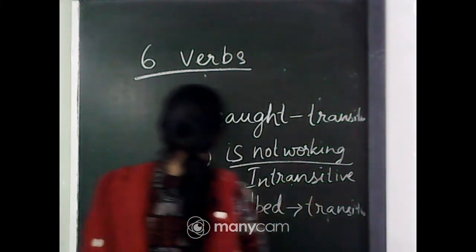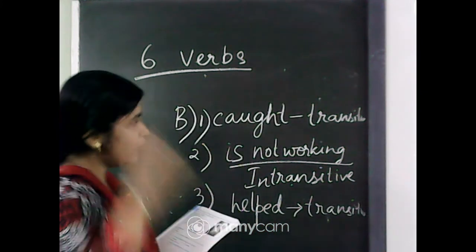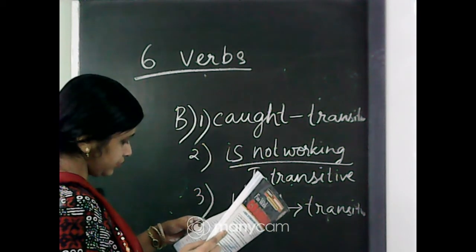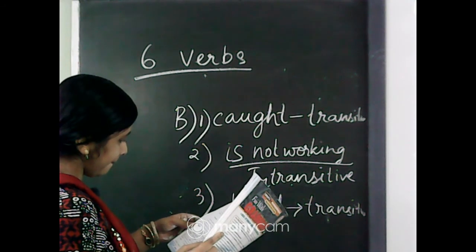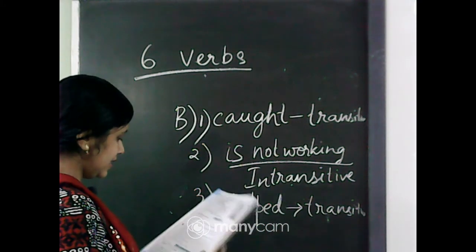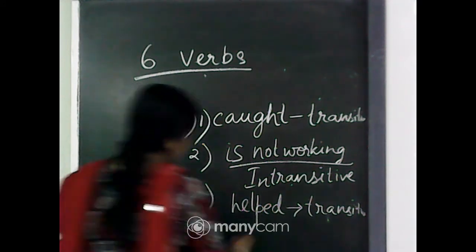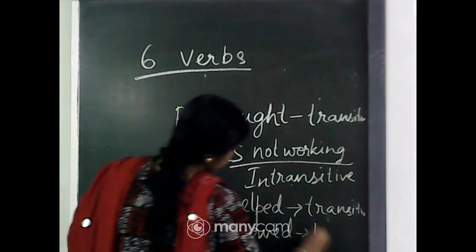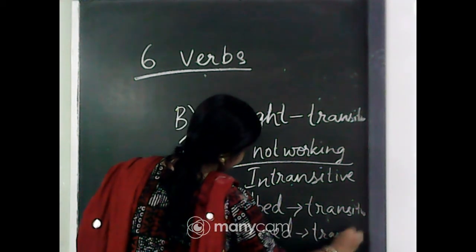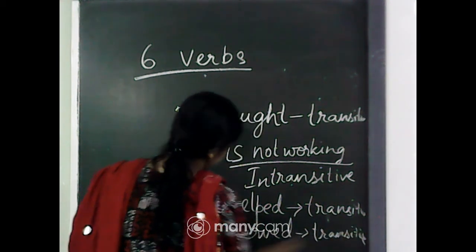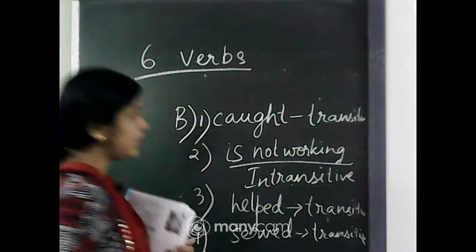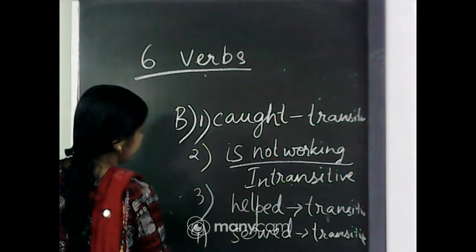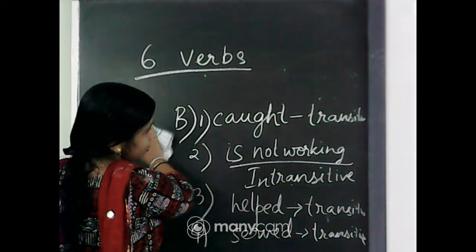And little boy will be the indirect object of old lady. Okay, that means helped. Next is, my aunt served tea to the guest. Served, transitive. Till number 4 all of you have written? Till number 4? Okay.